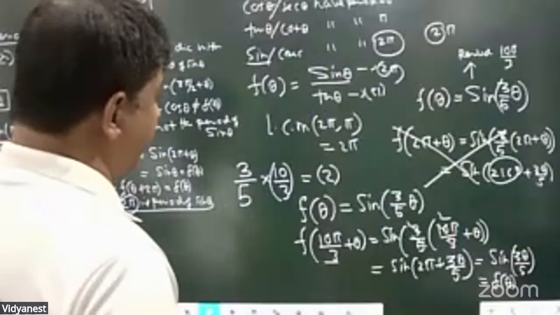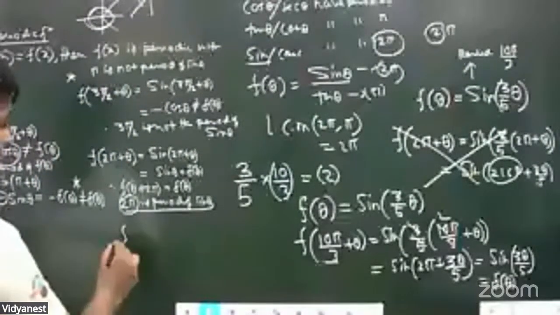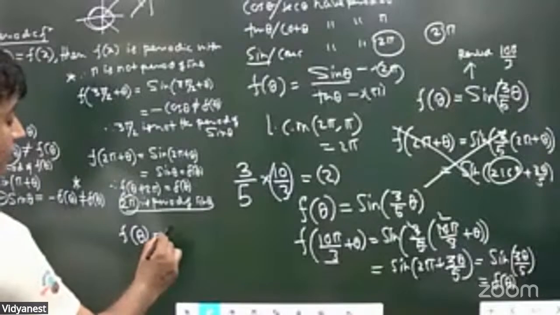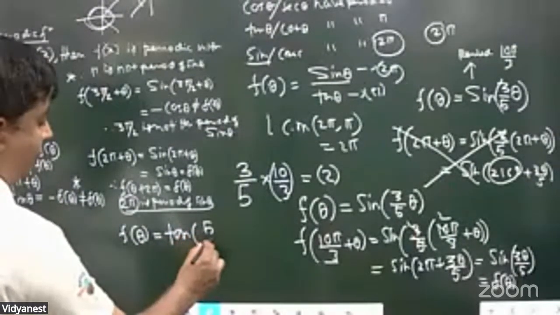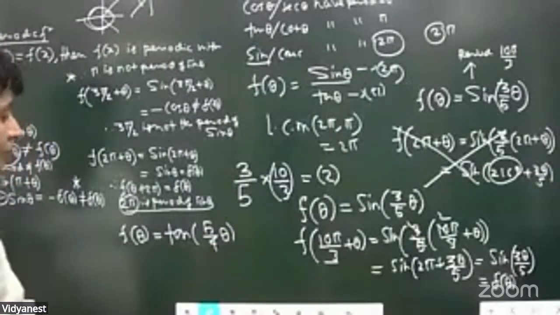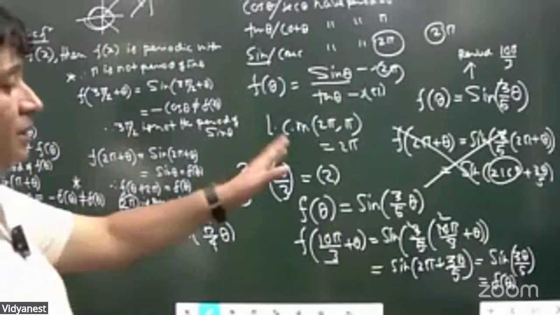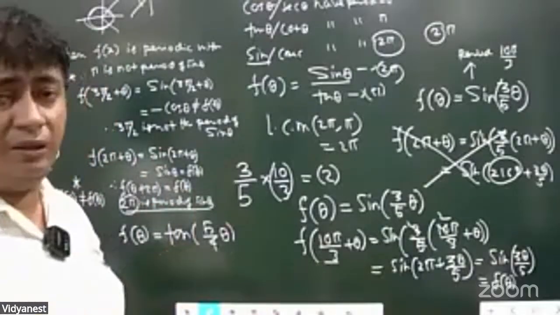Yes, sir. Got it. Similarly, suppose you have, for those who do not know this trick, tan(5θ/4). Those who do not know this will fumble.